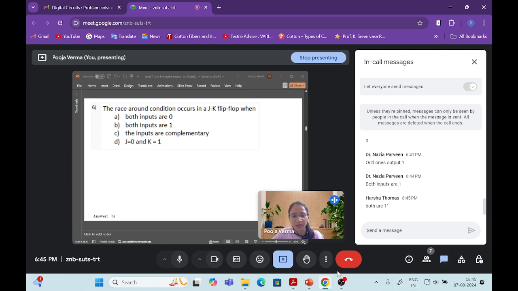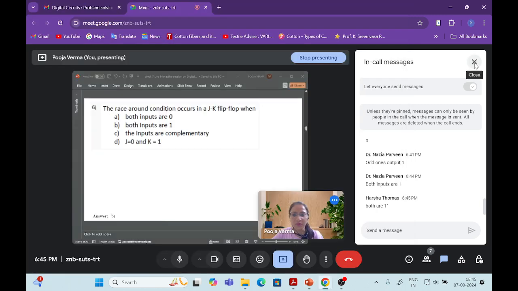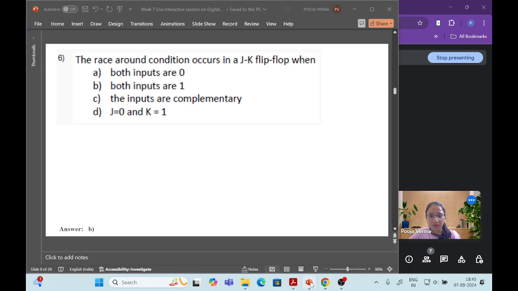That is called the race around condition of the JK flip-flop. So when both the inputs are high, or you can say 1, then race around condition will occur. So option B is the correct answer for this question.